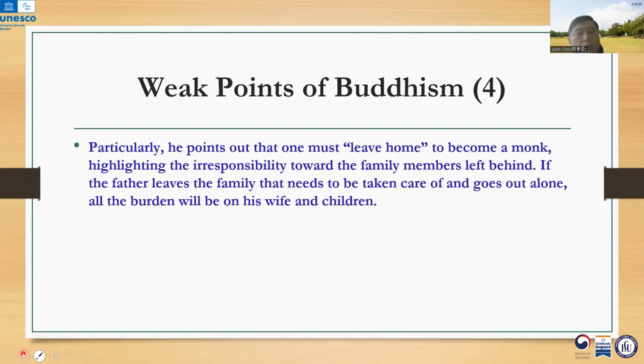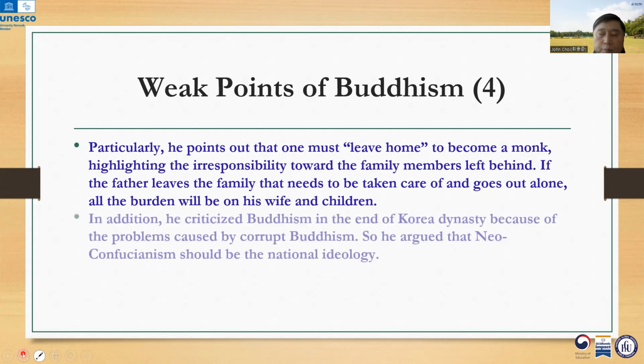Particularly, he points out that one must leave home to become a monk, highlighting the irresponsibility toward the family members left behind. If the father leaves the family that needs to be taken care of and goes out alone, all the burden will be on his wife and children, isn't it?